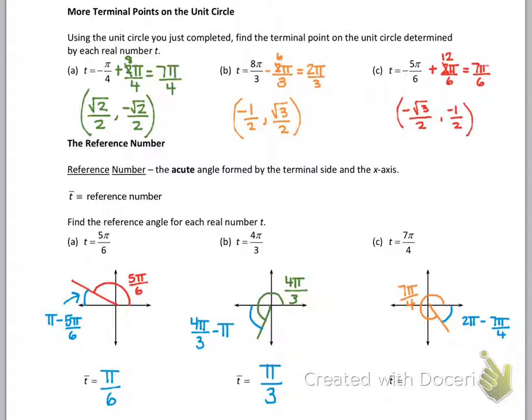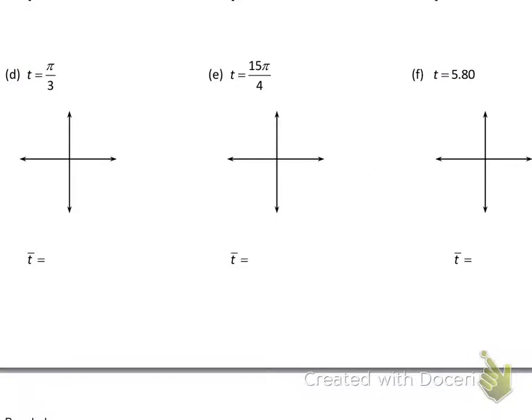So my reference angle is pi over 4. Problem D is really nice because it's pi over 3, which is about right here, and since it lies in the first quadrant, it is its own reference angle.